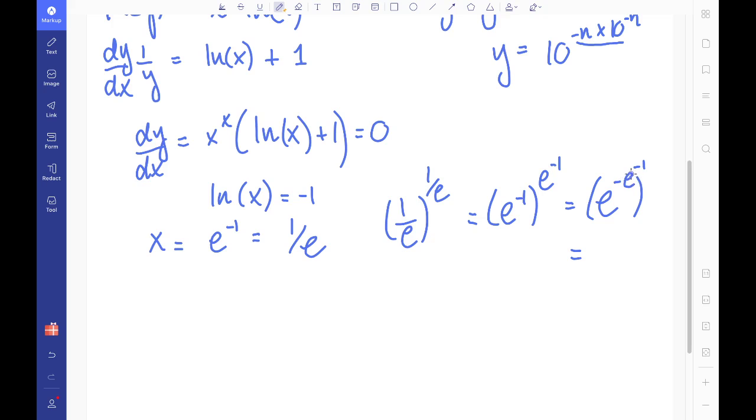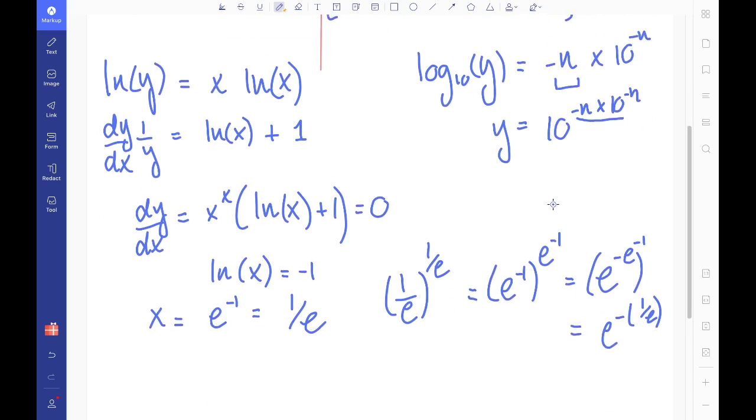You can't say it's just e to the e because you can't multiply in by that negative 1. That would not be the same. So yeah, you can't multiply by this negative number here. Okay. So I would put this in brackets. I'd say it's e to the minus 1 over e, something like that. That would be good.